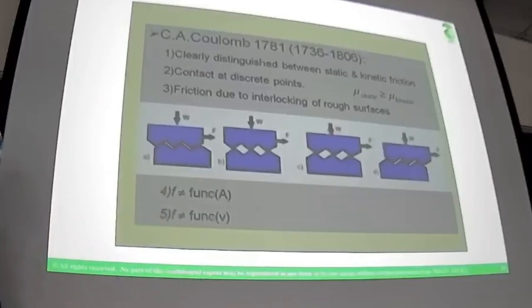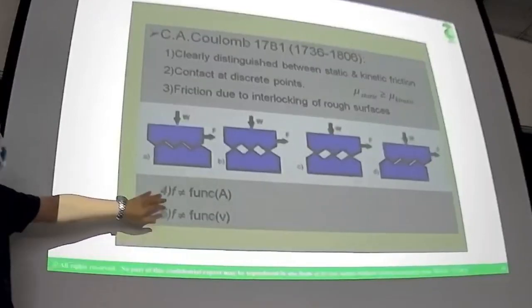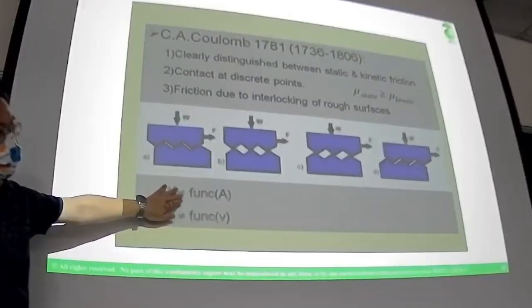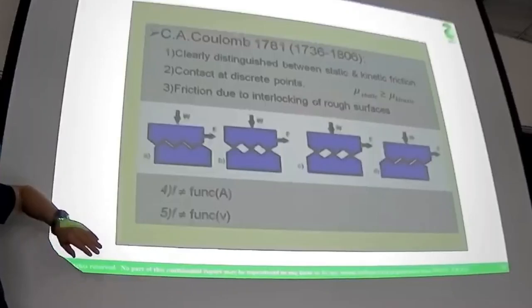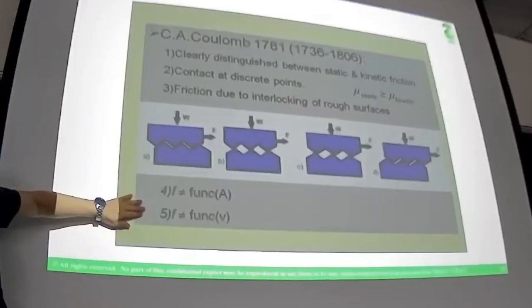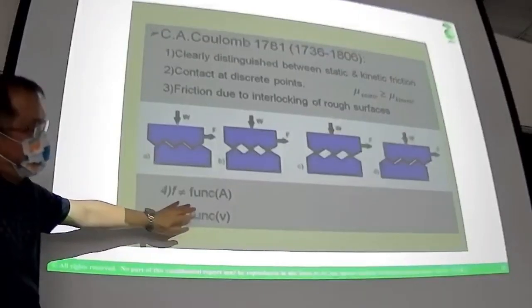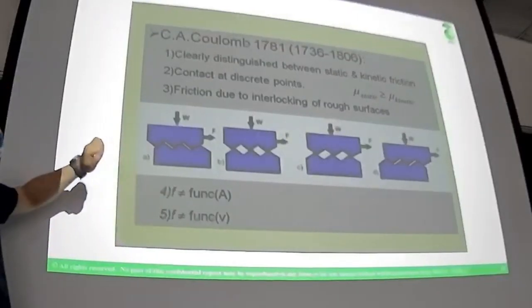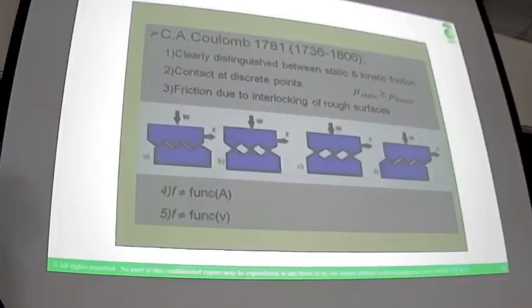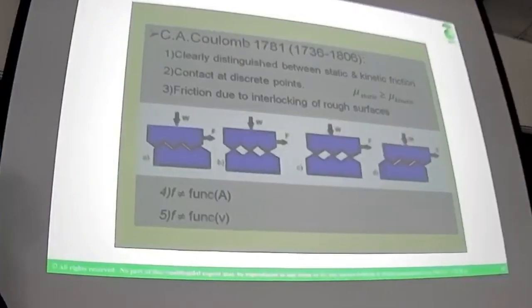And then we have the force observations. The fourth: the friction force is not a function of the contacting area. And the fifth one is the friction force is not a function of the moving velocity in relative motion.